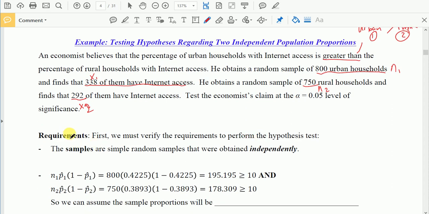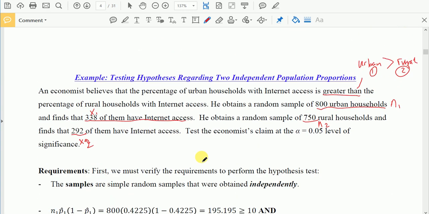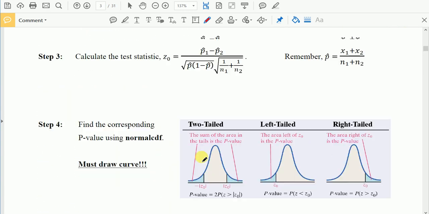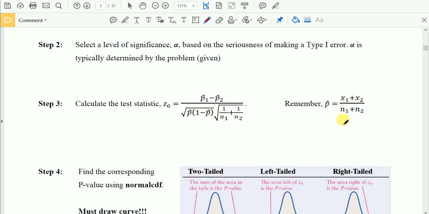So for the requirements, you have to make sure that this one is bigger than 10. So n1 is 800. p hat 1, remember, p hat has x1 plus x2 over n1 plus n2.